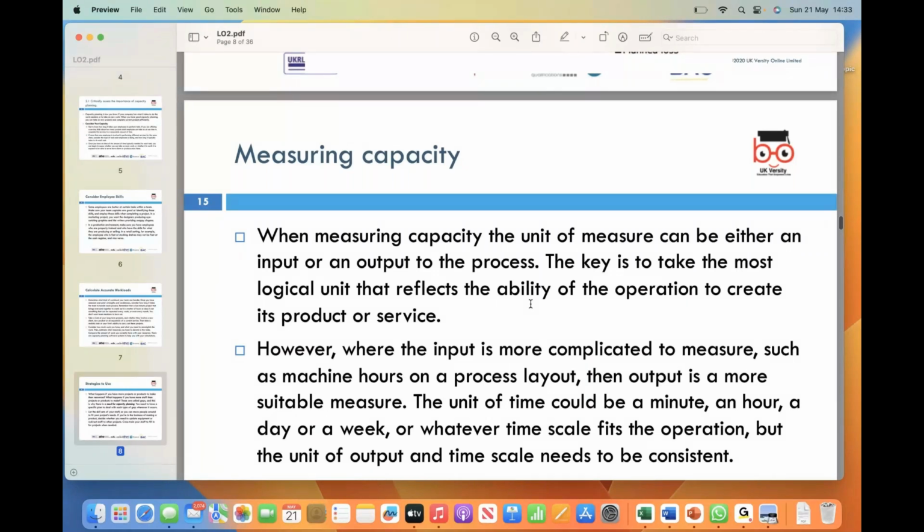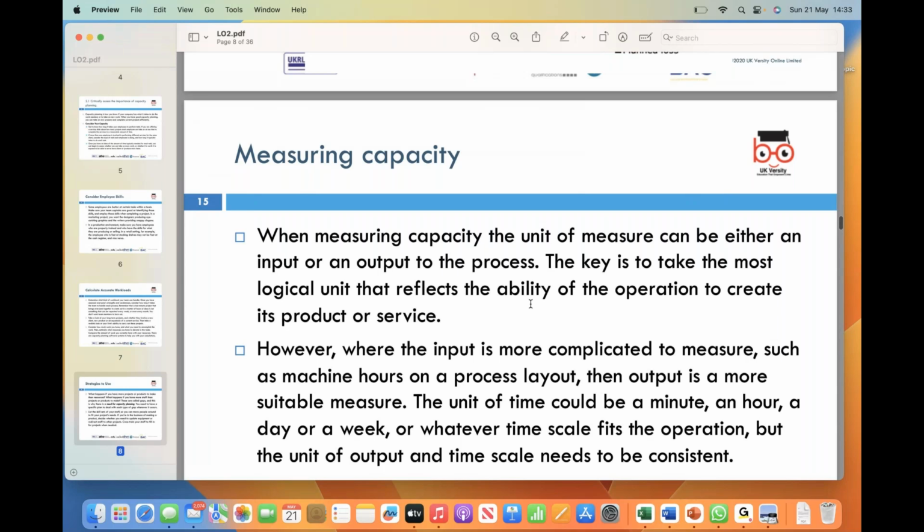For instance, in a process layout where machines are utilized, it might be difficult to measure the exact machine hours. In such cases, it is more suitable to focus on the output. Instead, we can measure the output of the process and use that as our unit of measure.